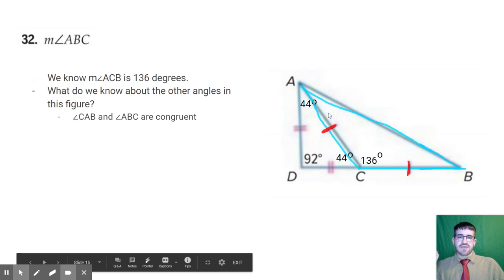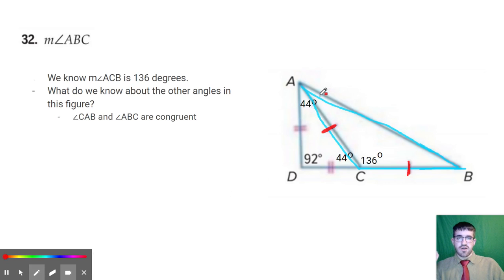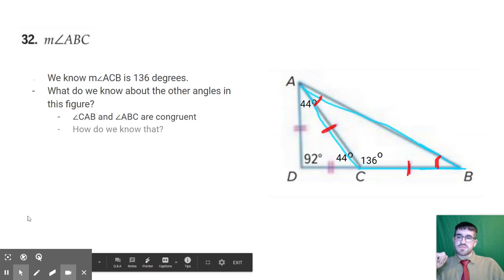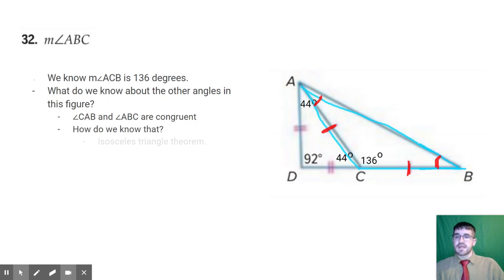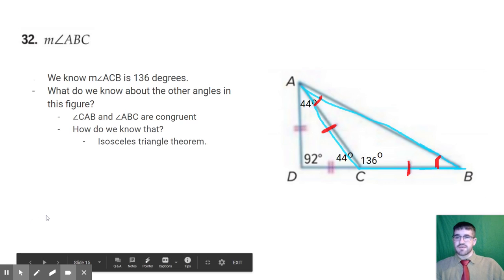Then we know that angle CAB and angle ABC are congruent, because they are the angles opposite these sides. Meaning, like we've done with so many problems. Well, before we do that, how do we know that? That's the isosceles triangle theorem. Get used to using these theorems. You're going to need them in your proofs.